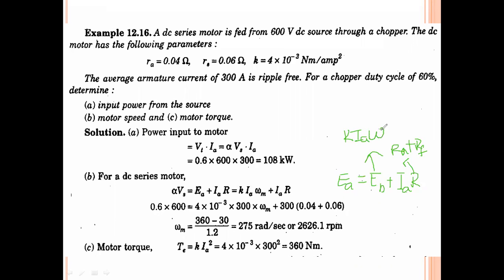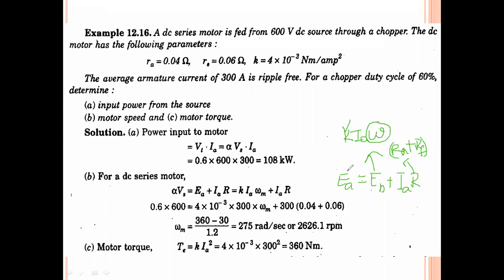So K IA omega will be the back EMF, plus IA into R, where R is RA plus RF. We know RA plus RF, we can substitute here. We know IA, which is 300 amperes. K is given as 4 into 10 power minus 3 Newton meter per ampere square. We need to determine this omega only.